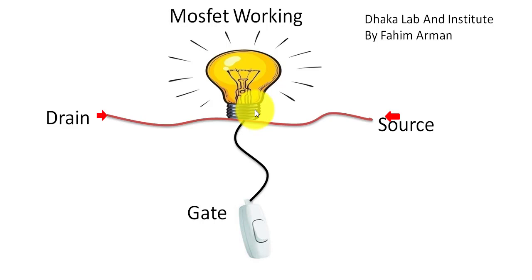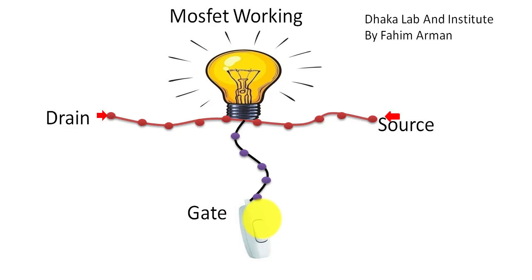If we see that first, if you want to make the bulb on, you have to switch, okay, and then the voltage will pass and the light will be on. And this is the normal system, and this is also for MOSFET.